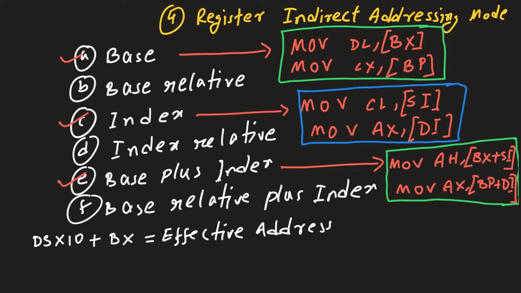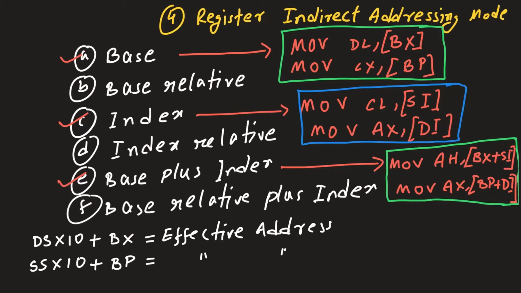In the second instruction, MOV CX, [BP], the content of BP will be added to the content of stack segment multiplied by 10, and then we'll have the effective address. Why stack segment? Because base pointer register is the default offset register for stack segment and BX register is the default offset register for data segment.